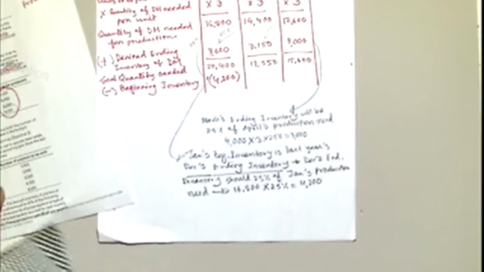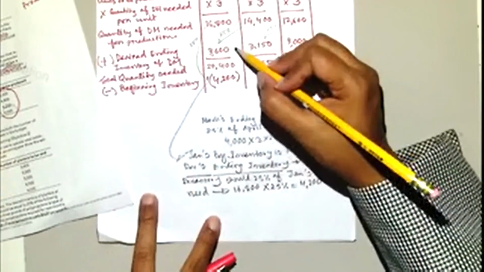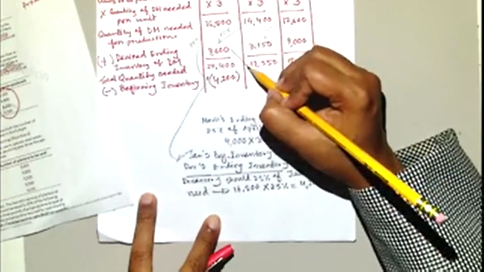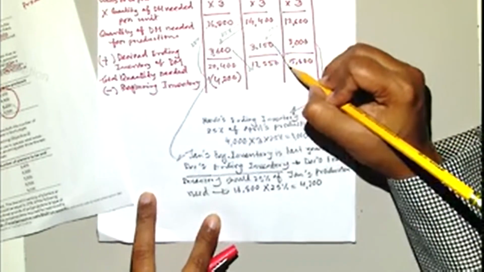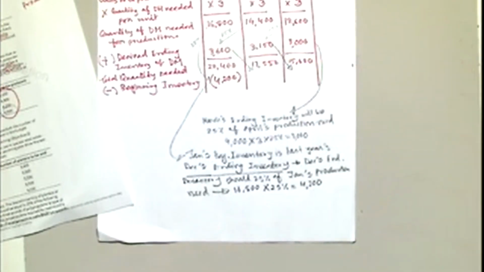Now the next part is simple. February's beginning inventory will be January's ending inventory. March's beginning inventory will be February's ending inventory. So now who can tell me what is your February's beginning inventory?